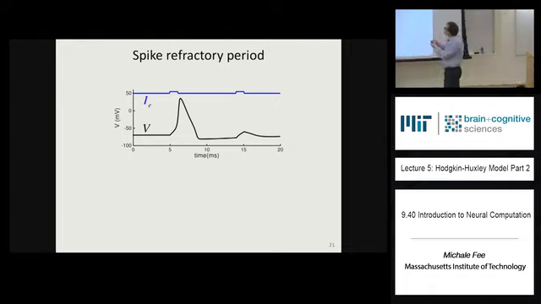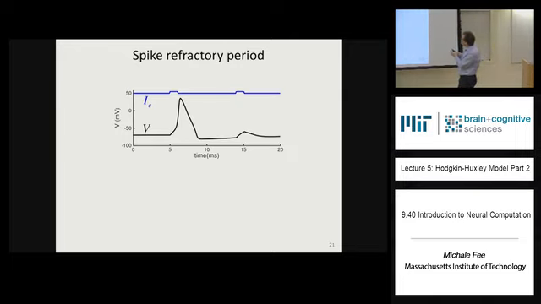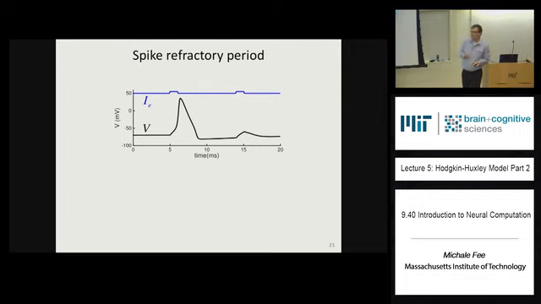If you inject a little bit of current into the Hodgkin-Huxley neuron, you get a spike. And then if you wait a few milliseconds and inject another current pulse, what happens? You don't get a spike, right? Anybody guess why that is?